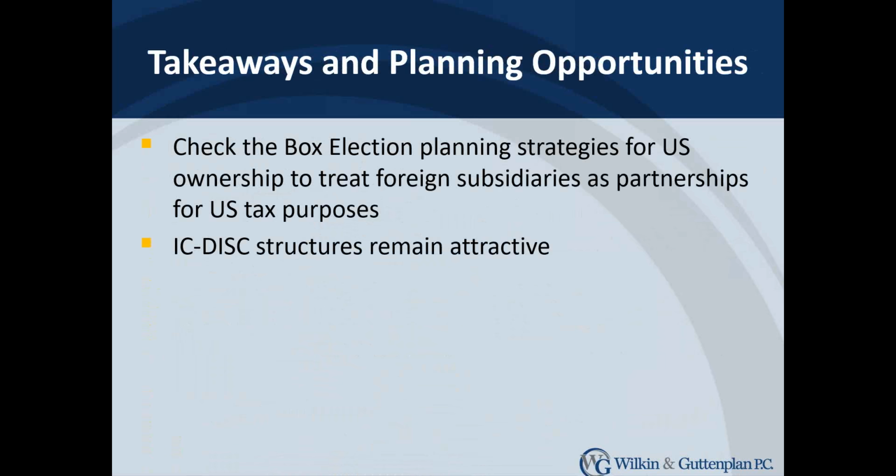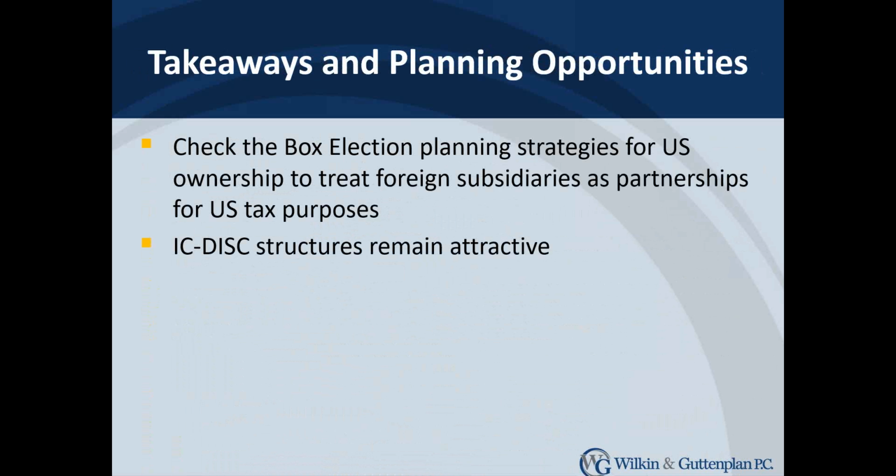And finally, another animal that we have not spoken about is IC DISCs, Interest Charge Domestic International Sales Corporations, which have also been around since the 60s or 70s. Think of it as an export subsidy that allows U.S. entities selling tangible property overseas to effectively get the difference between the top individual rate of 37% and the top capital gain rate with the Medicare tax of 24%.